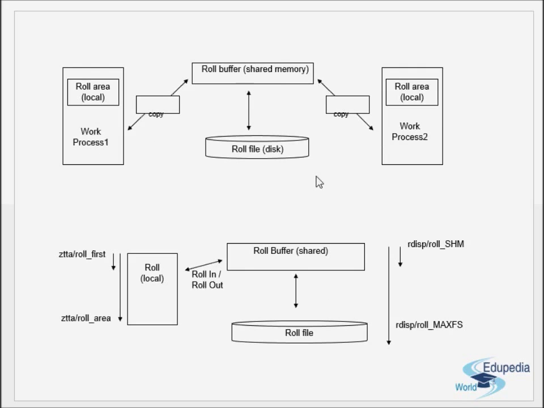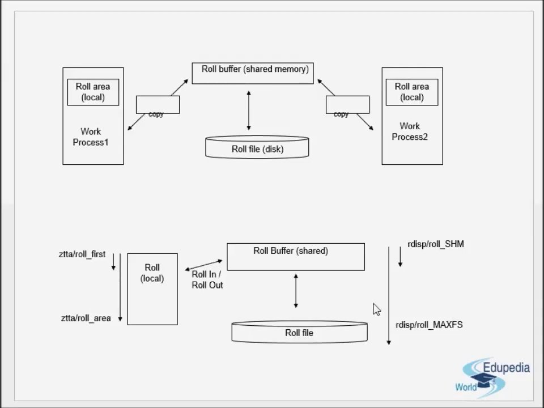A work process can get the user context information from the shared role area to its own local role area, and the work process can also send the information out from its own local role area to the role buffer. So we have 4 parameters here: roll_first, roll_area, roll_SHM which is that of the buffer, and roll_maxFS which is the value of the role file.